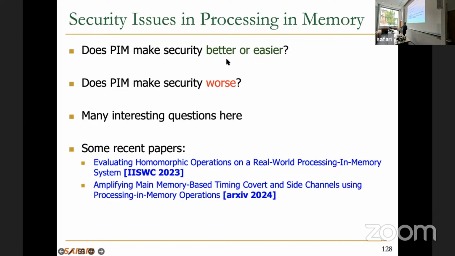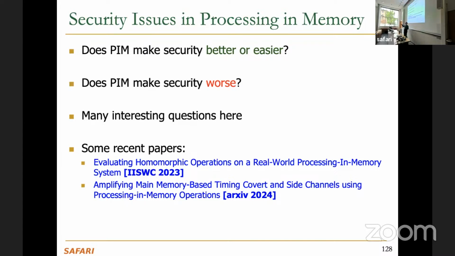For example, in the previous lecture, we talked about generating random numbers or generating physical unclonable functions. I'm giving you the example of doing remote attestation using this physical unclonable function. If you actually do those things in PIM, you can create a security infrastructure on the processing in memory side. And this could make security better or easier, right? Because you're reducing the data movement.